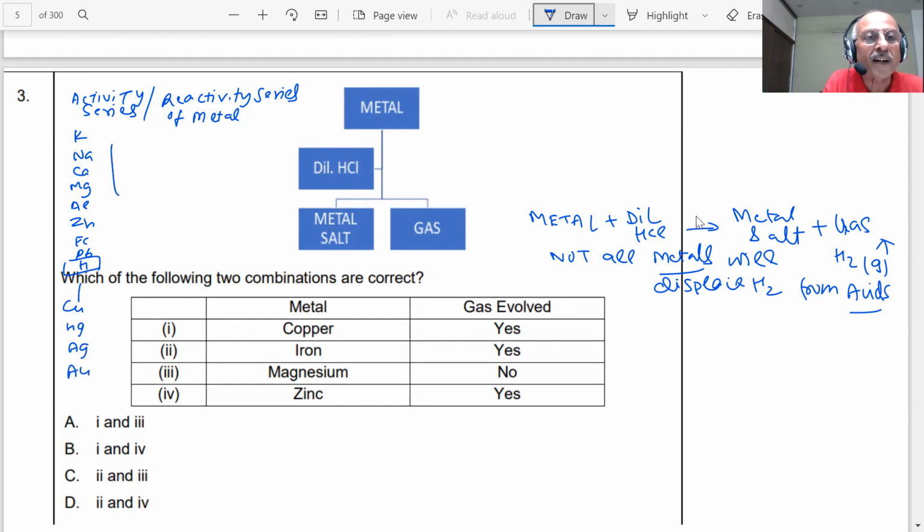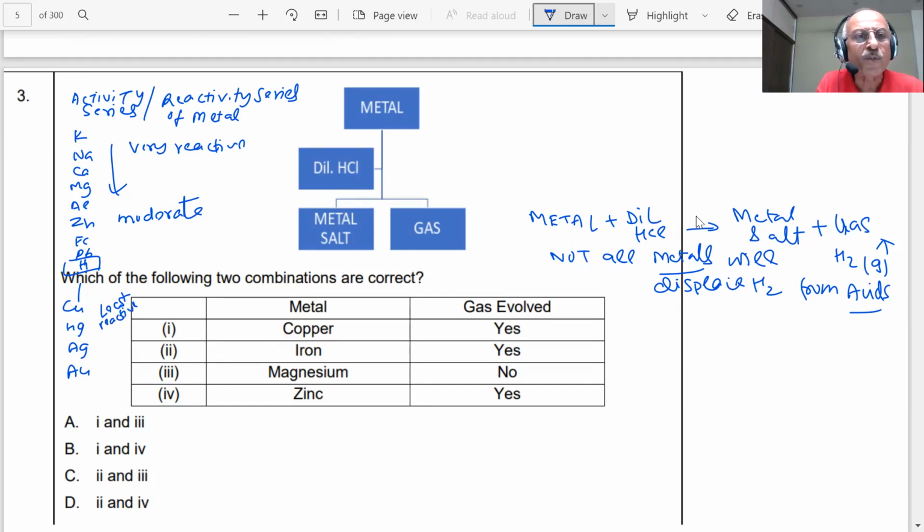Now this is called the reactivity series. It's important. All those metals which are lying above the hydrogen are reactive metals. They will displace hydrogen from the acid. These are very reactive metals, these are moderately reactive, and these are least reactive.